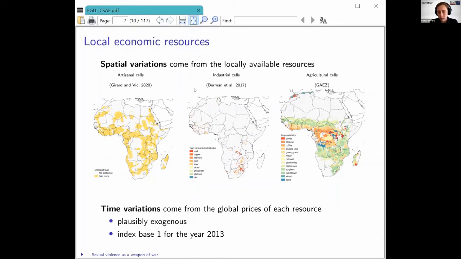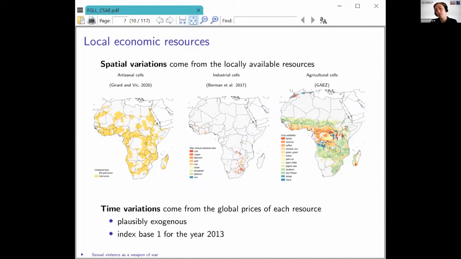We then can contrast whether the presence of this artisanal gold is going to have the same sort of relationship to conflict and sexual violence as other local natural resources, namely industrial minerals, where we update the data that is used in Berman and Couttenier for the 2017 paper in the American Economic Review, and which tells for each cell what is the main mineral being produced industrially in that cell, which also means that as gold is one of the main minerals in their database, we're able to contrast the result for artisanal gold and industrial gold.